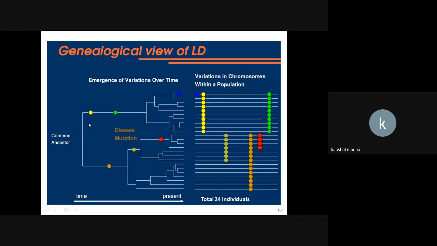You can see here many mutations have occurred, and a single line indicates one haplotype. This is one haplotype carrying these 3 alleles. There is another haplotype carrying these 3 alleles. Another haplotype carries only a single allele, like that. And there are a total of 24 individuals present in this population.